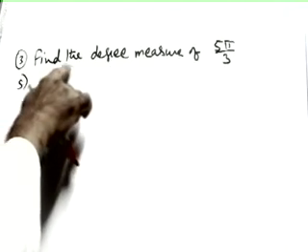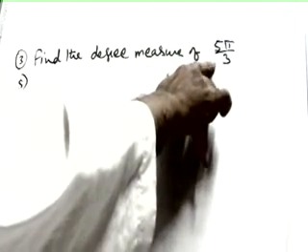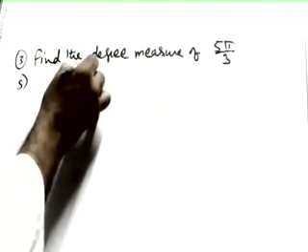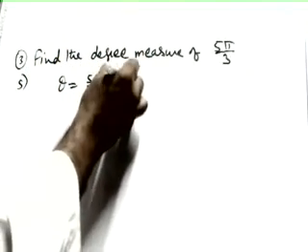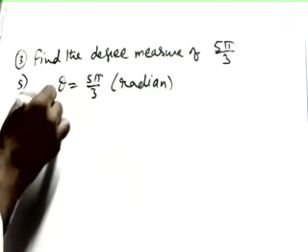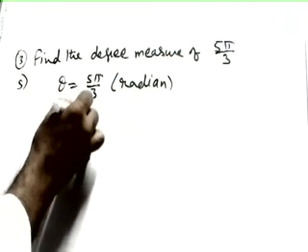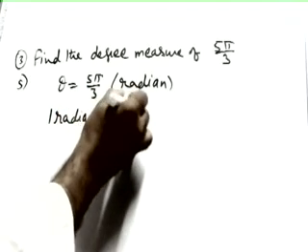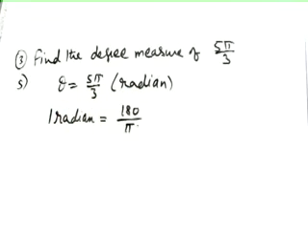Now see on the board, find the degree measure of this. The angle is given in radians, 5 pi by 3, so we have to find it in degrees. We know 1 radian equals 180 by pi.